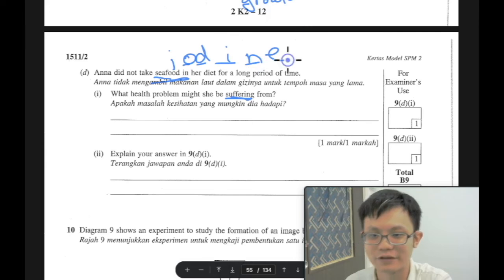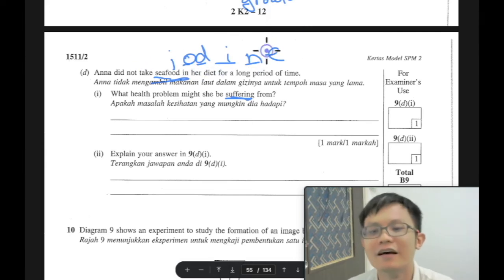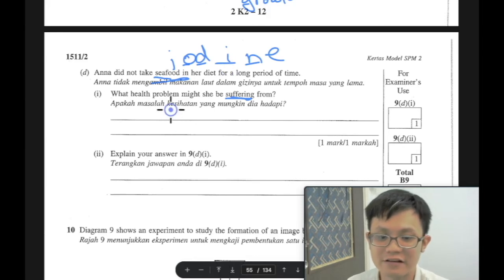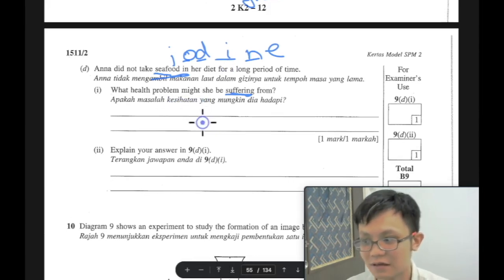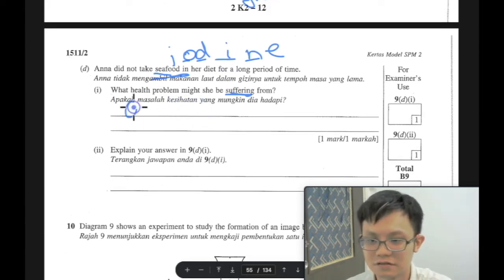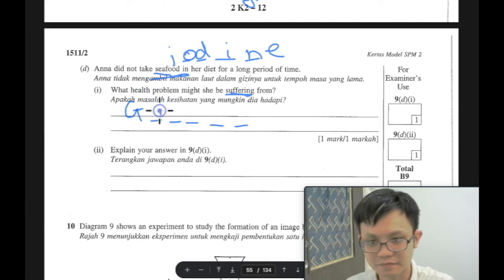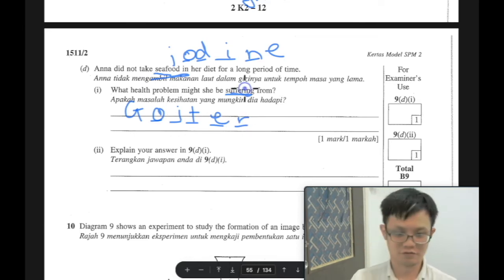Oh my god, I forgot to put the E. I thought it was a Malay word, iodine. Seafood has a lot of iodine. If you lack iodine, the person will suffer. Start with G. G-O-I. Goiter. Goiter, yes.